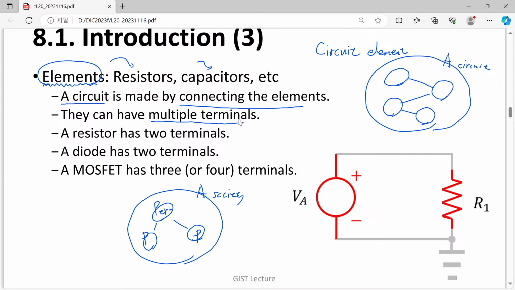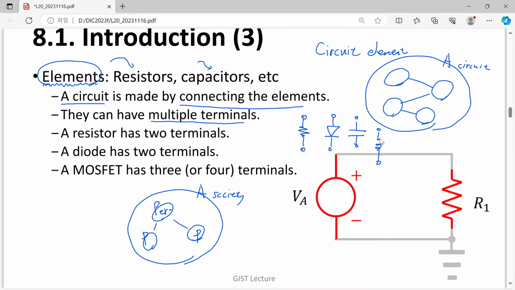Okay, so now in this slide we want to talk about elements, and each element can have multiple terminals. Multiple means more than one: 2, 3, 4, 5, something. For example, a resistor has two terminals. That is quite easy to understand. And how about a diode? A diode has two terminals. A capacitor, yes, it has two terminals. And how about an inductor? Yes, we also assume there are two terminals.